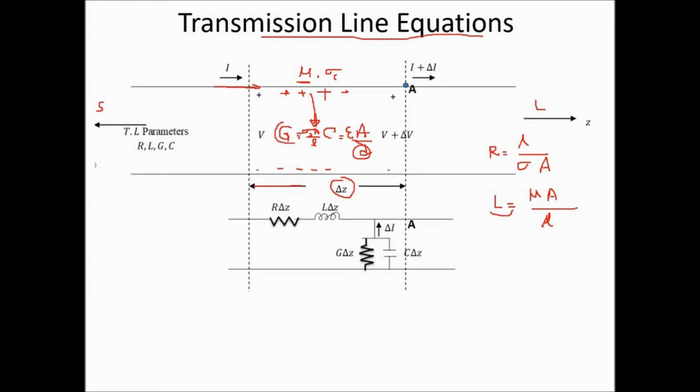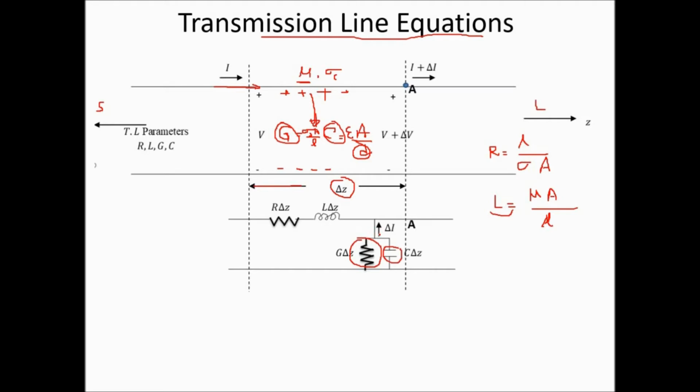Similarly, the conductance and the capacitance are also distributed throughout this dielectric material, but for convenience we are assuming they are at this point. G times delta Z and C times delta Z are here.